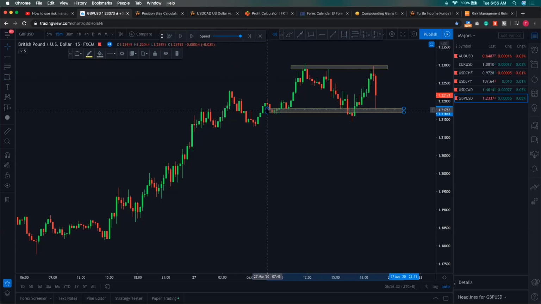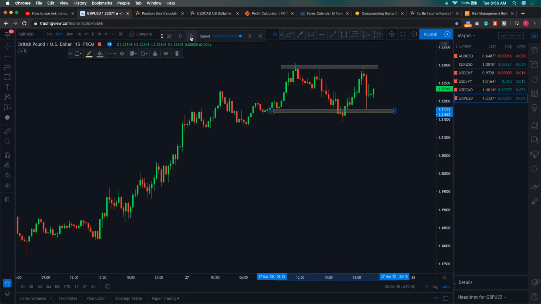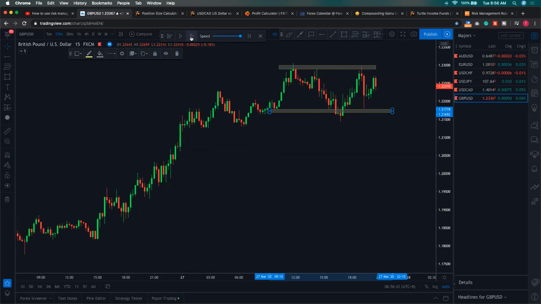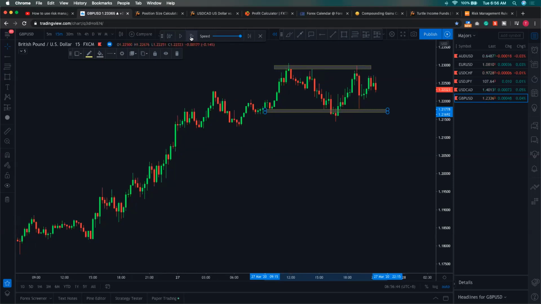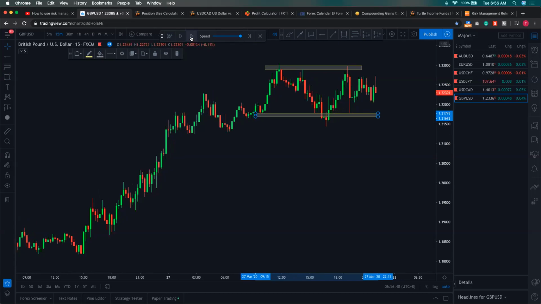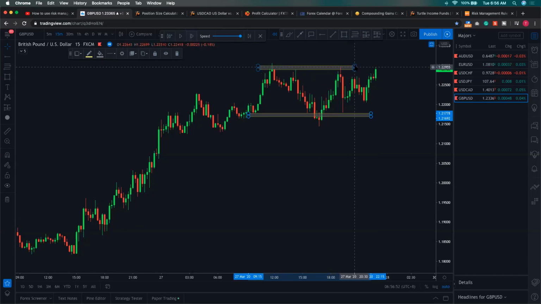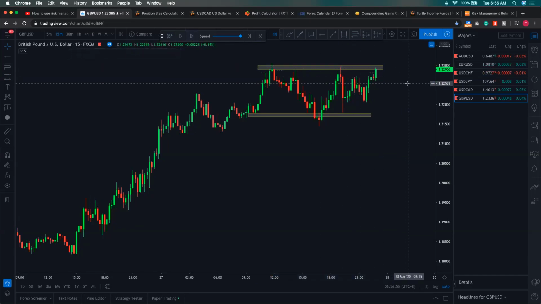You need to identify that maybe now it's going to turn into a ranging market. So let's see what happens next. Just wait, just wait. Okay, just extend this. And now we shall see.